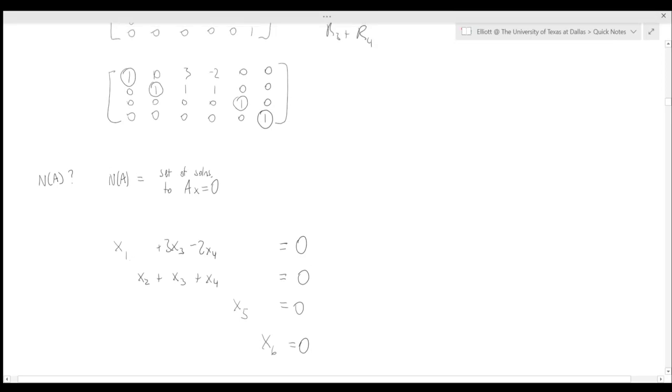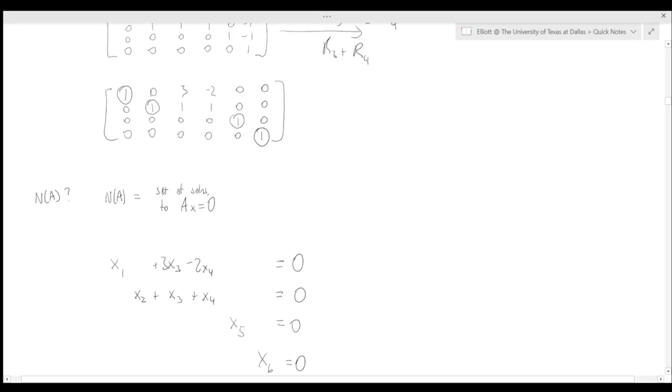Okay, so we have these 4 equations. So we're going to only be able to solve for 4 of the unknowns. We have 2 free variables because there were 2 columns without pivots. So we'll call these the free columns.